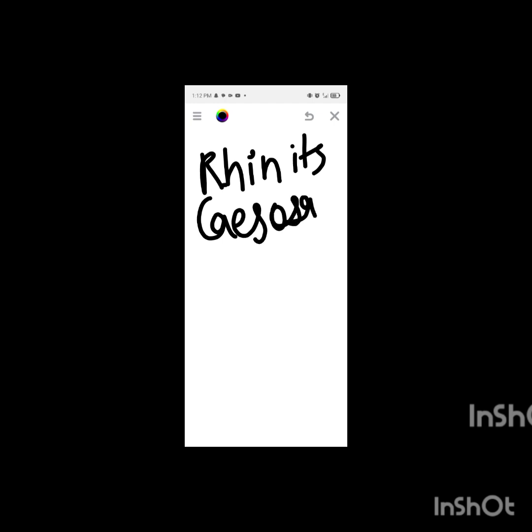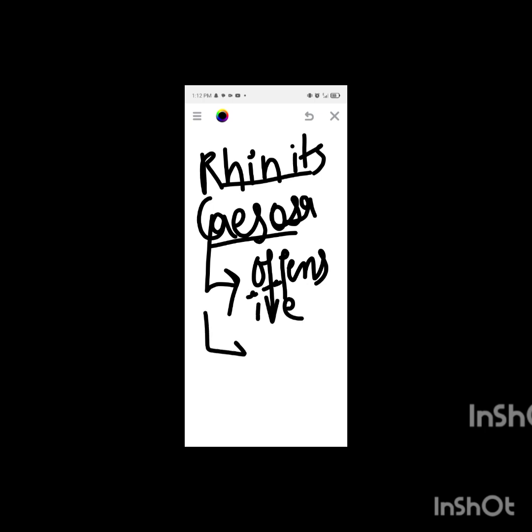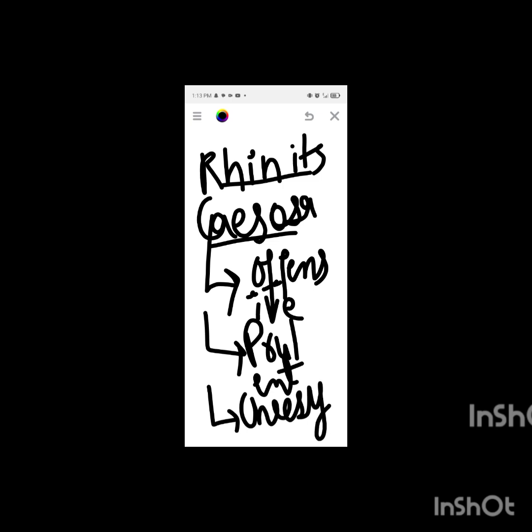If a patient comes to you with the complaint of offensive purulent discharge and the nasal cavity is filled with cheesy material, then obviously this is a case of rhinitis schizosa. Basically, in it, the mucosa becomes granulomatous.